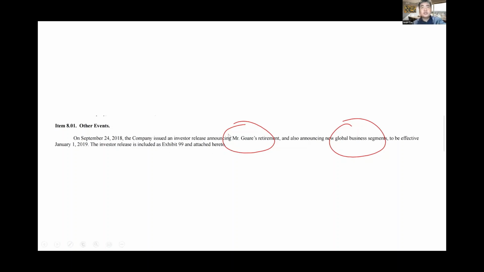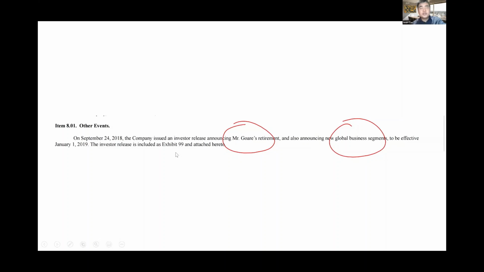The summary is about the retirement, and about a new global segment strategy. If you want to find detailed information, you have to go to exhibit 99. So when you do textual analysis, you do the same thing: you go to item 8.01, and then you can get a summary of the news.